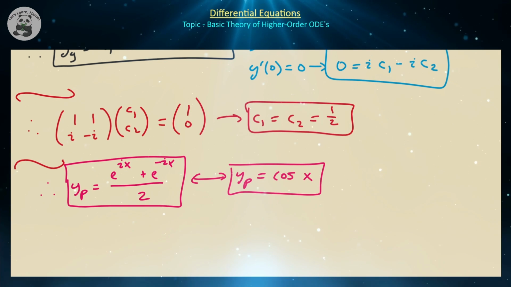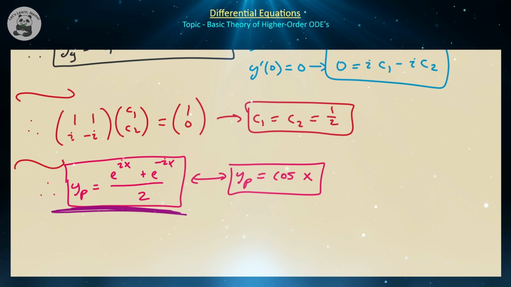So notice that we were able to derive the exponential complex representation of cosine via just this guess of, maybe our functions are just exponentials in disguise. But you should be able to verify just from the derivatives of sine and cosine that cosine actually is a solution to this equation as well.